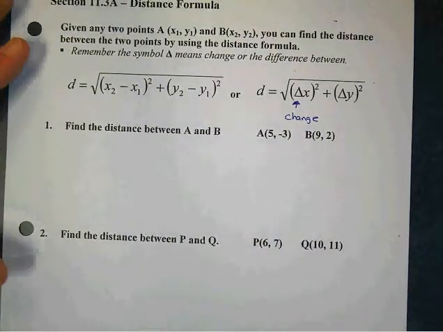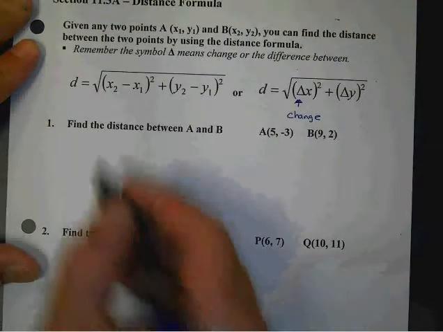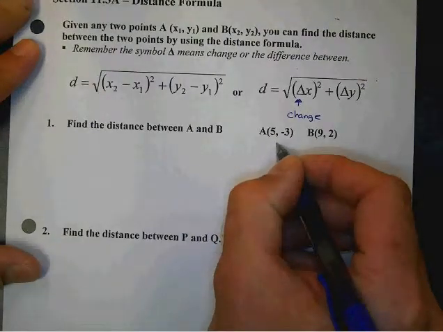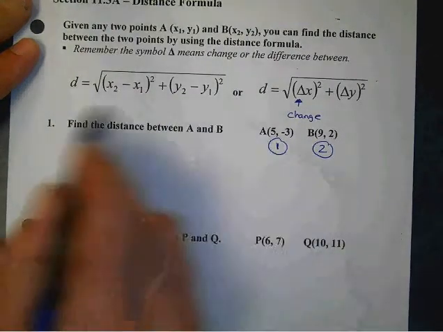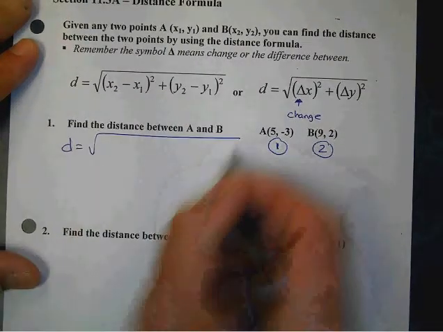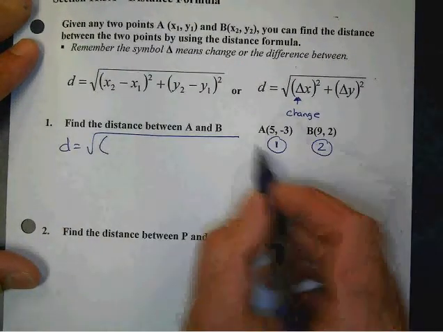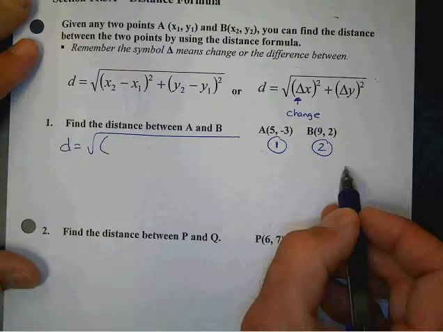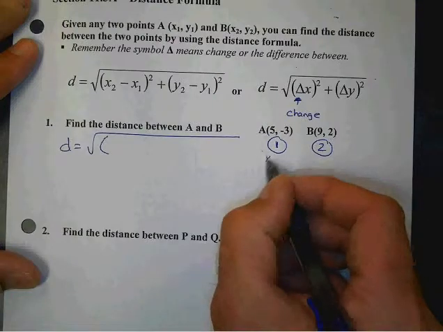And I'm going to do these problems differently. All right? First, we're going to use the straight equation. All right, I'm going to call this point 1. I'm going to call that point 2. So using this equation exactly straight, it looks like this. Distance equals the big long square root of, which one of these is x2? 9.